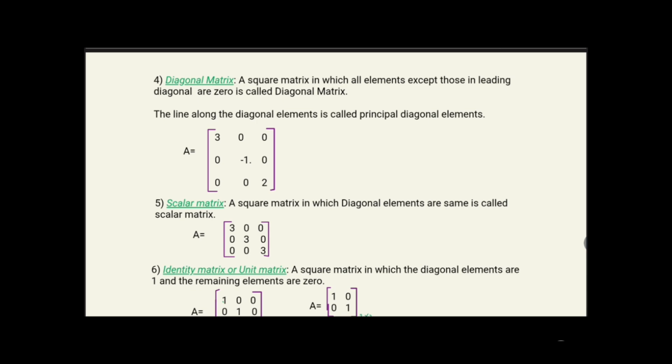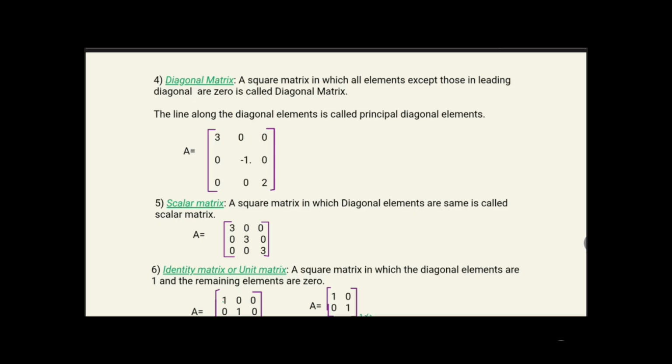Is that clear? Now coming to the scalar matrix. A square matrix in which diagonal elements are the same is called a scalar matrix. Diagonal elements should be the same and the remaining elements should be 0. See here the diagonal elements 3, 3, 3. It is called a scalar matrix and the remaining elements are 0. The diagonal elements should be the same. It can be minus 1, minus 1, minus 1.